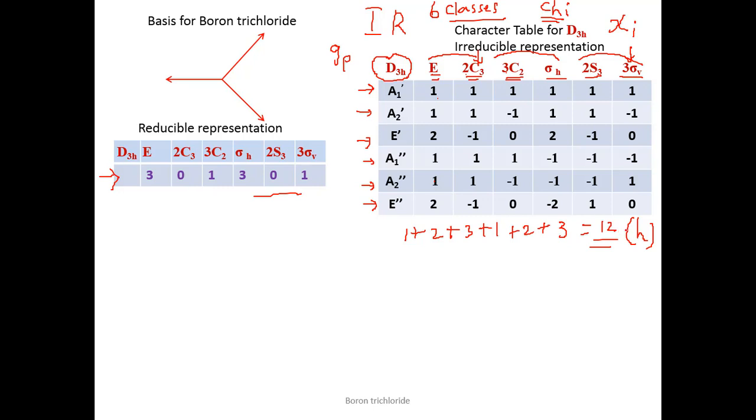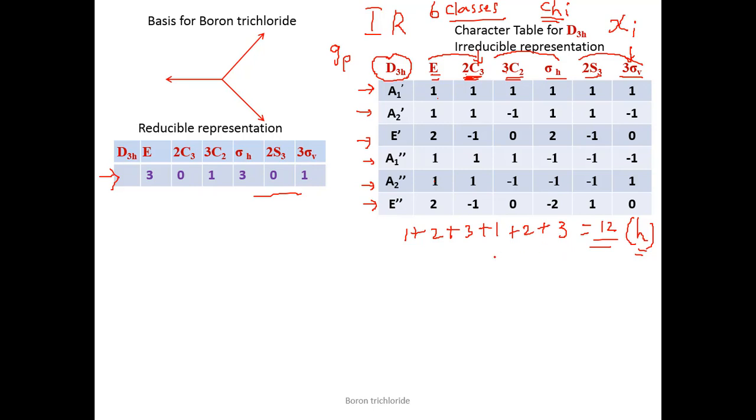So I have introduced what is a reducible representation, what is an irreducible representation, what is the character of reducible representation, what is the character of irreducible representation, what is meant by GP, the number of operations in a class, and what is meant by h, the sum of the total number of operations.